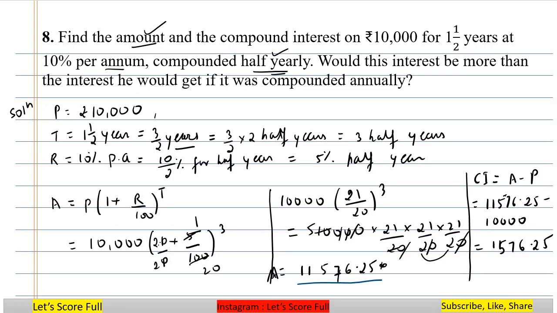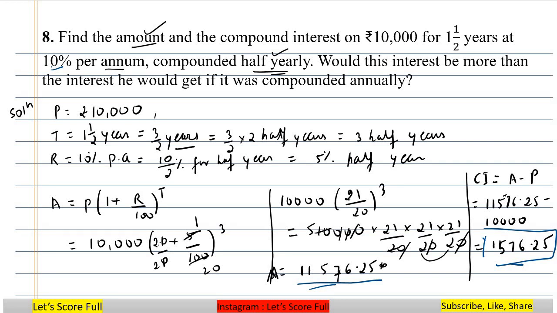So let me go through the question again. The question says 10,000 is the principal, 1.5 years time period, 10% rate of interest per annum, but calculate half yearly. The compounding period is half yearly. So what we did, we converted these into half years, these also for half year, and calculated the amount. They also asked for the compound interest, so we subtracted amount minus principal. The second part of the question asks whether this interest would be more than the interest he would get if it was compounded annually.